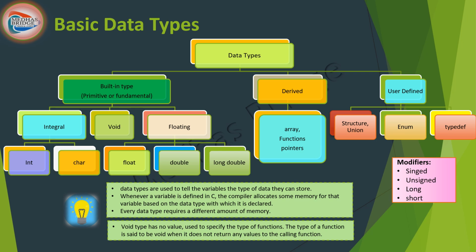Based on the data that you are going to store, the data types are classified as fundamental data types, called built-in data types, derived data types, and user-defined data types. When it comes to the primitive or fundamental types, we have integral, void, and floating. Integral means integer and char.